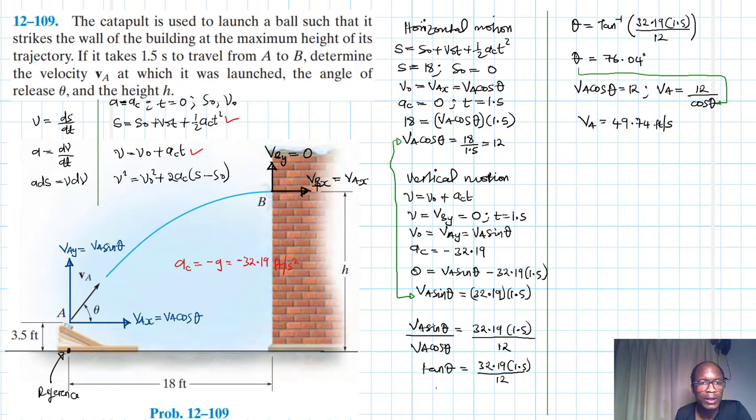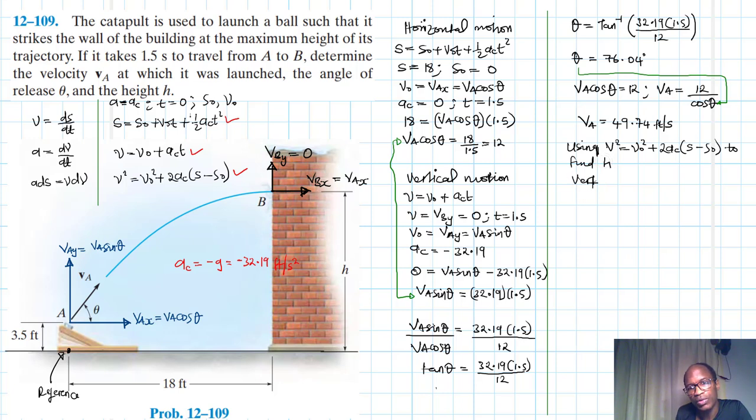So let's find the value of h. So we are going to use again for h, we know the time, we know VA, so we can use this equation, it can come in handy. We can also use this if you want to, there's no big deal, it's really up to you. So I'll go for this one. So using V squared equals V naught squared plus 2AC S minus S naught to find h.